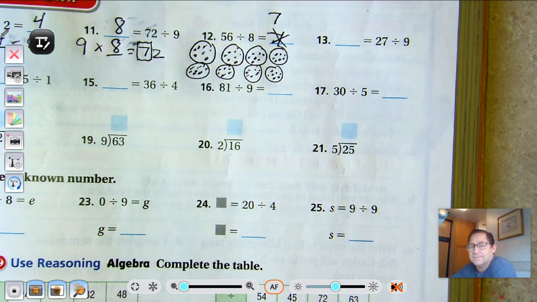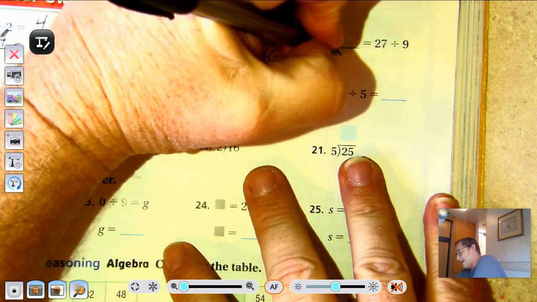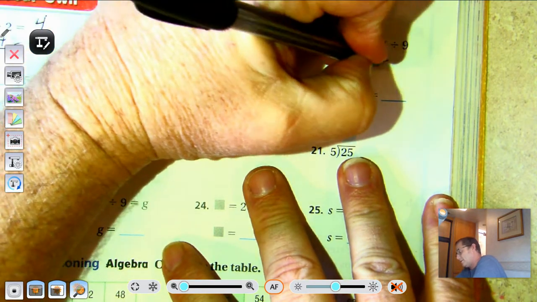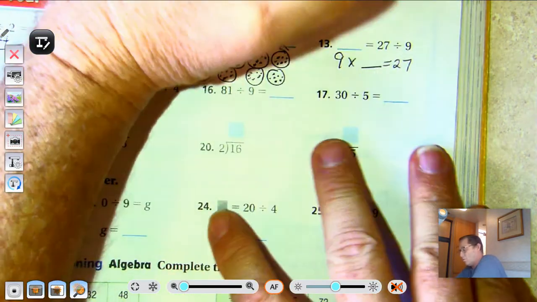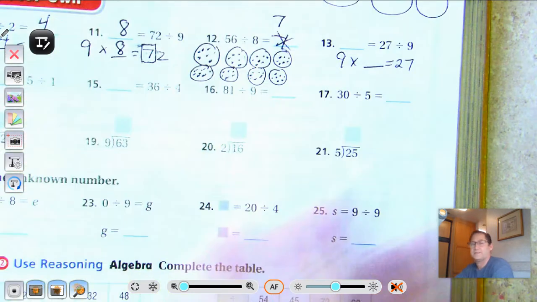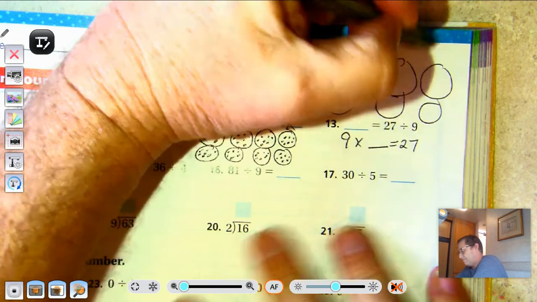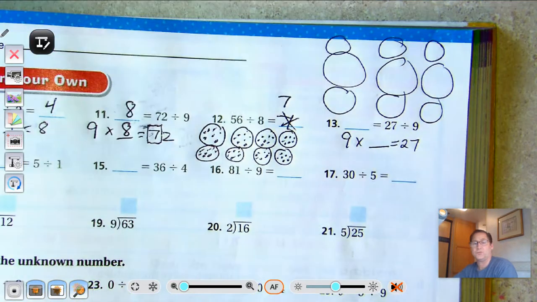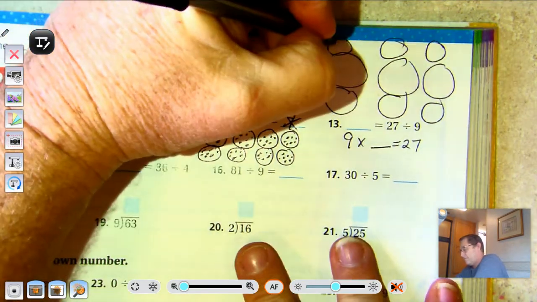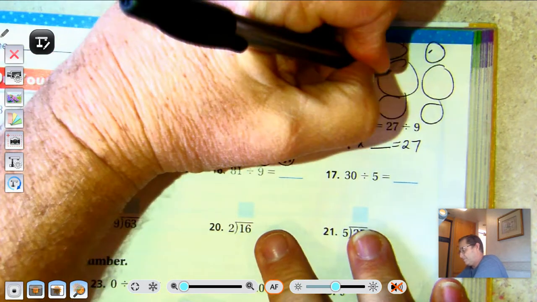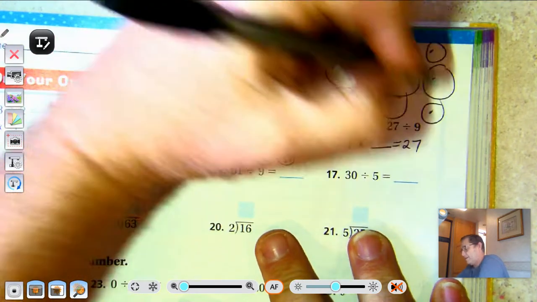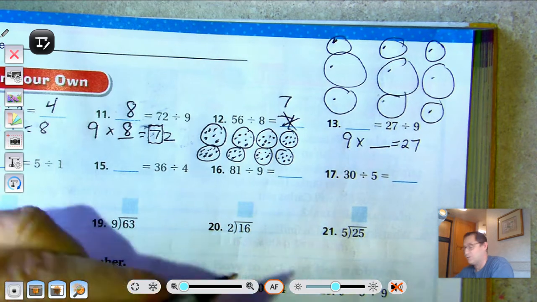27 divided by 9. 9 times what is 27? Or we can just say 9 groups and put a counter in each group and keep adding to the groups until I get to 27.